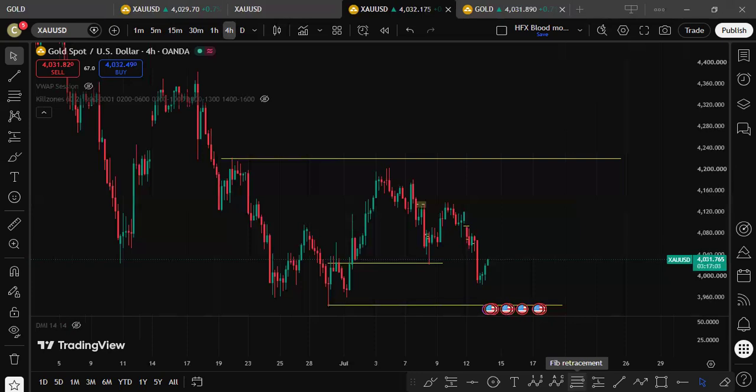That's just it. You can do this on any chart, whether gold or any pair. The most important thing is to understand the flow. Make sure the flow is in your head.